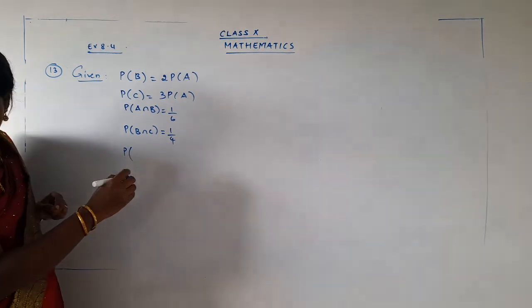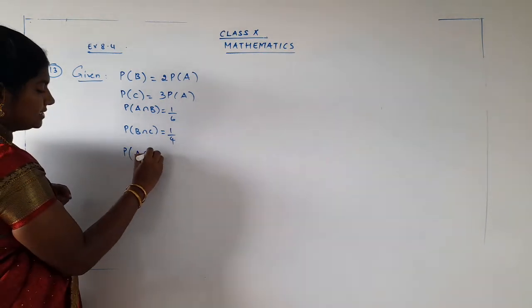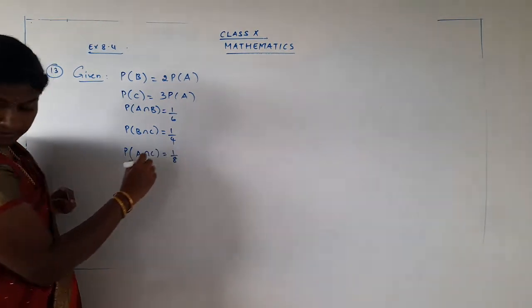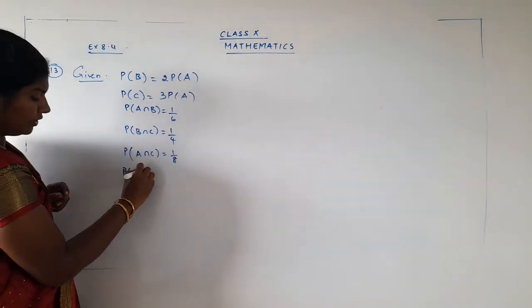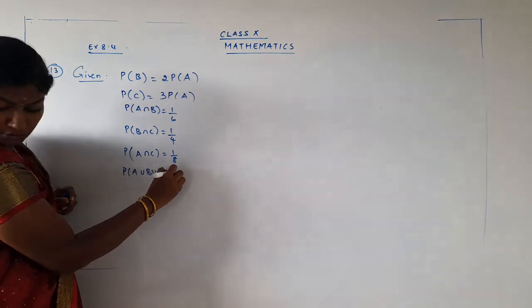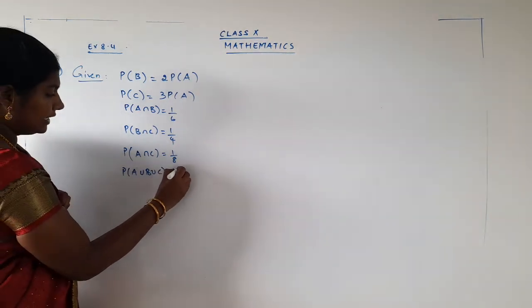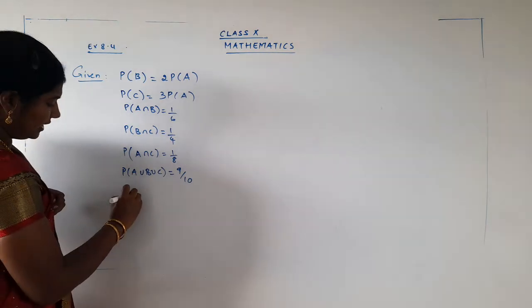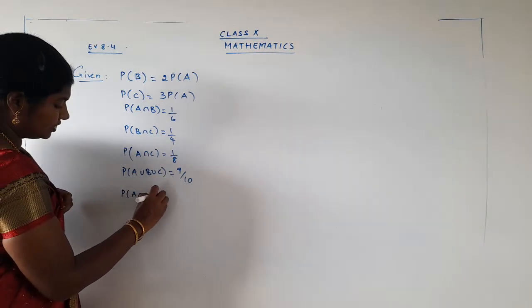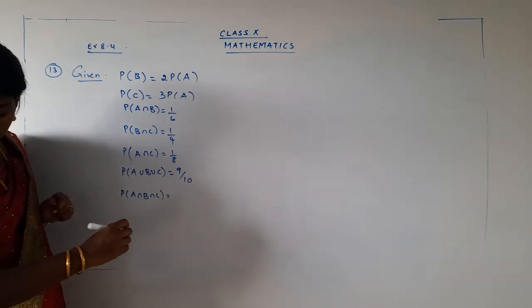Then P of A intersection C is equal to 1 upon 8. P of A union B union C is equal to 9 upon 10. P of A intersection B intersection C is equal to 1 upon 15.